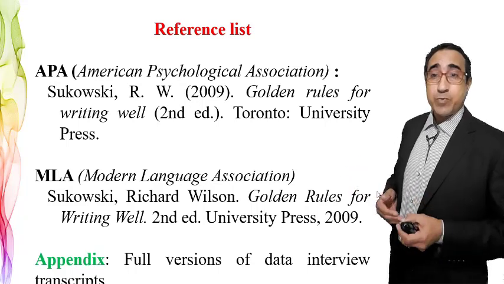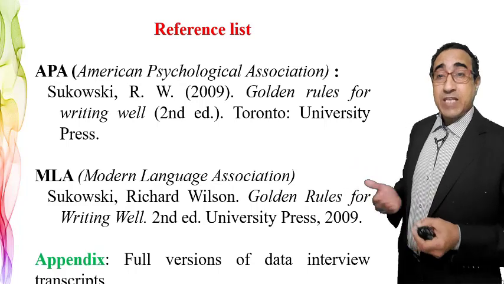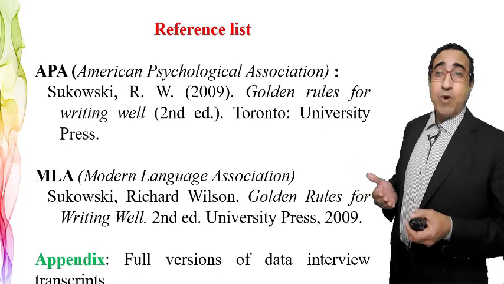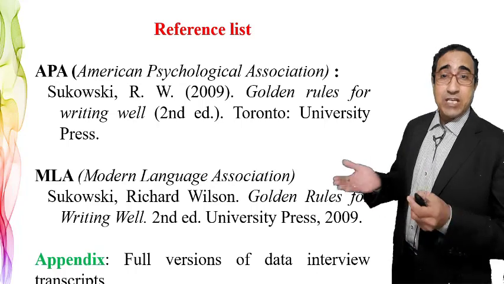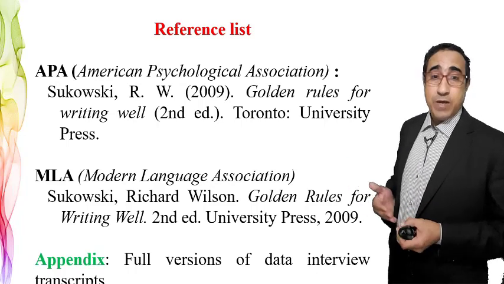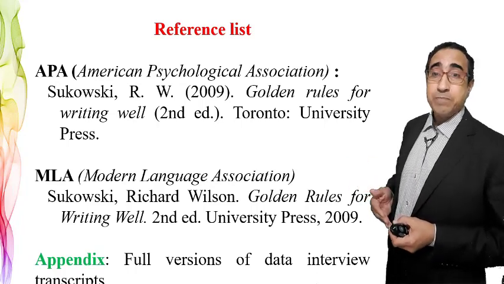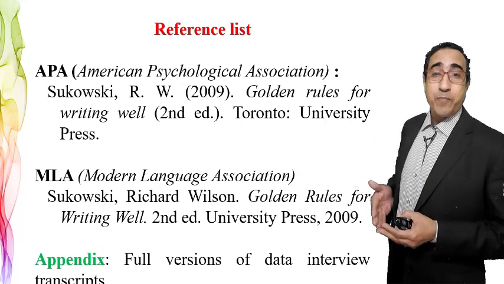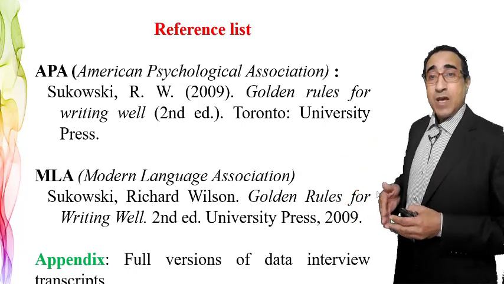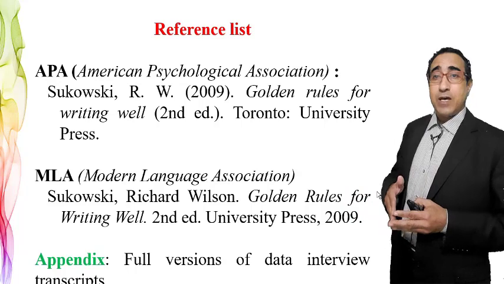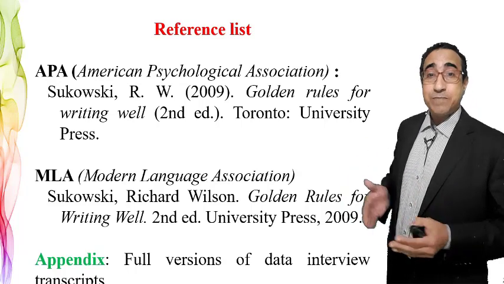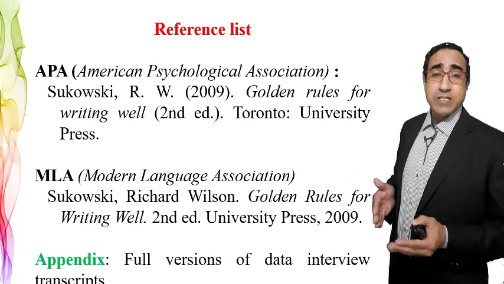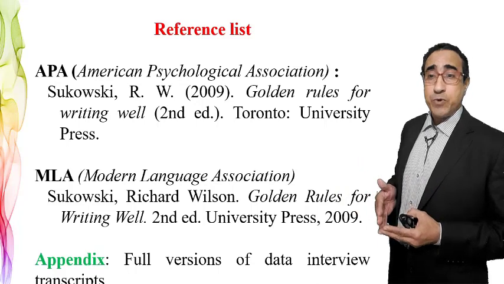For example, this book is cited with the family name of the researcher and just the initials of his name, and then the date of publication between brackets, and then the title of the book.